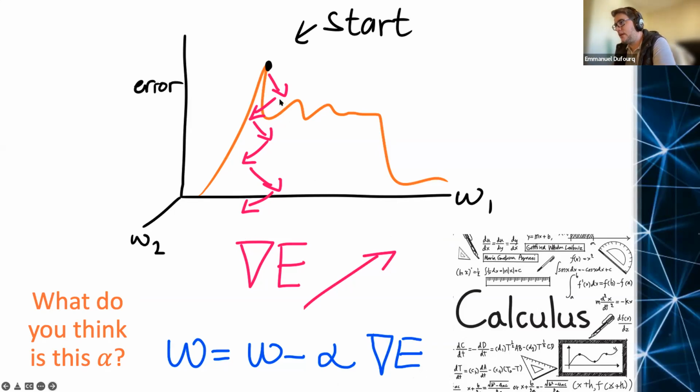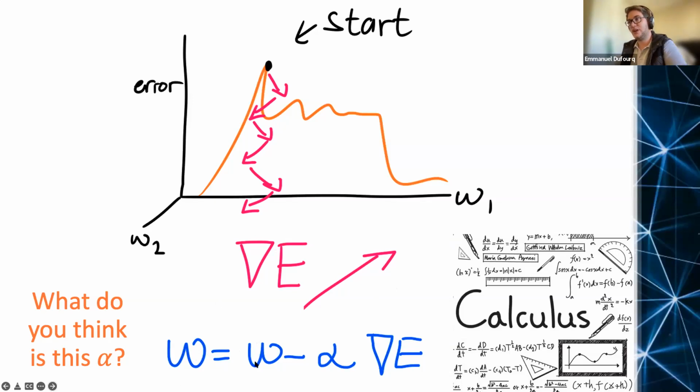Now, how do we go down the mountain? We take the gradient with respect to where we are to decide on the direction we are going to go in. So when we take into consideration how big of a step we take and the direction we go in, we can get the new value of the weights.